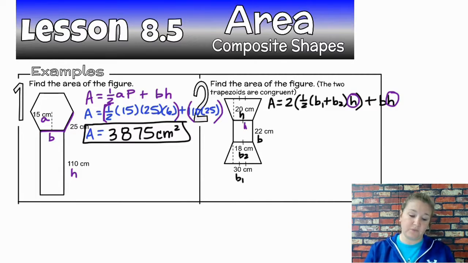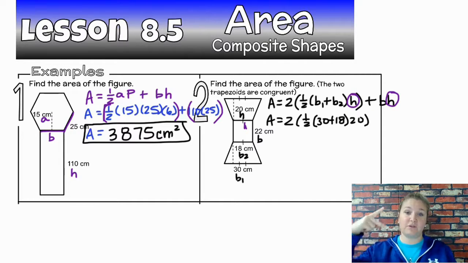This side length there. So then I'm going to have 2 times 1/2 times 30 plus 18 times the height, which is 20. So that's 2 of the trapezoids plus the rectangle, which is going to be this length here, which is the same as here.